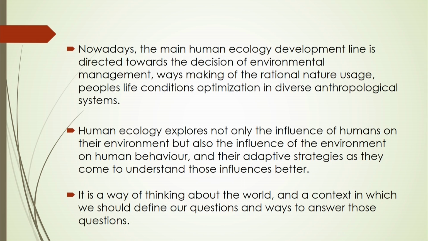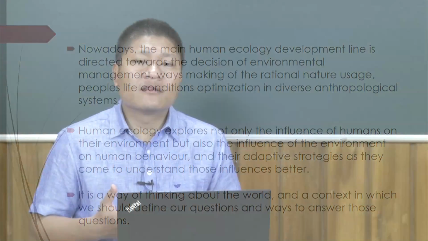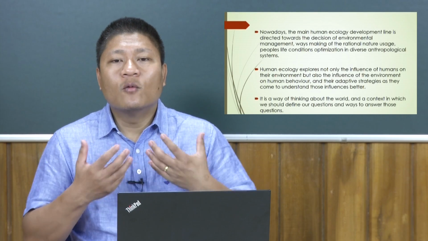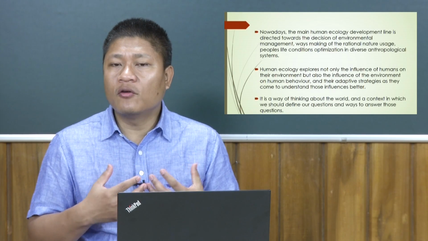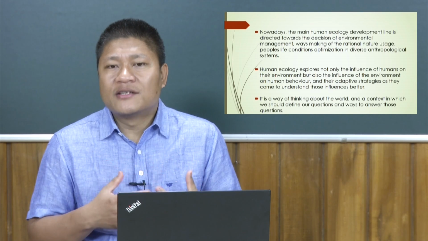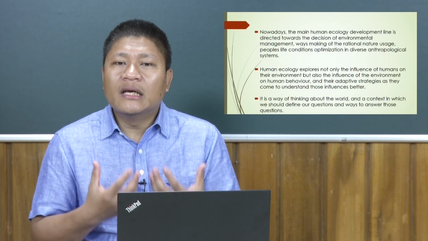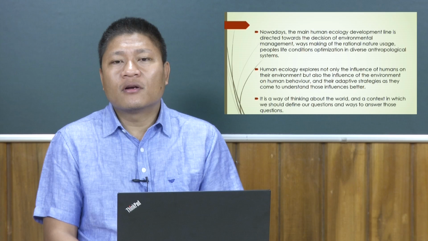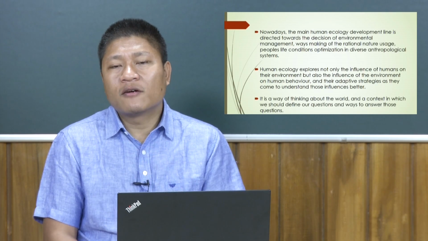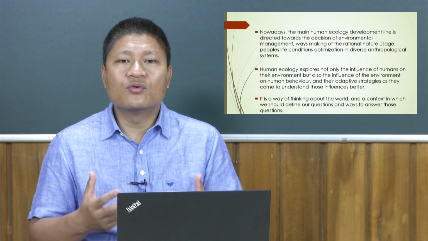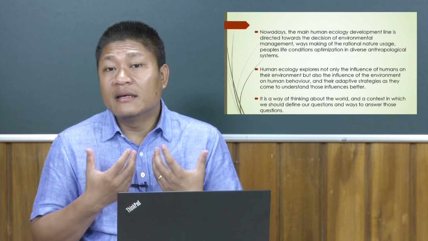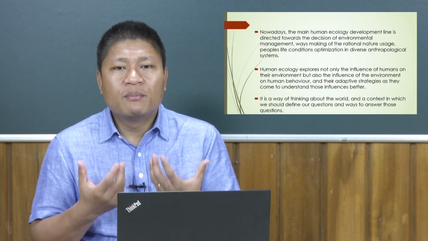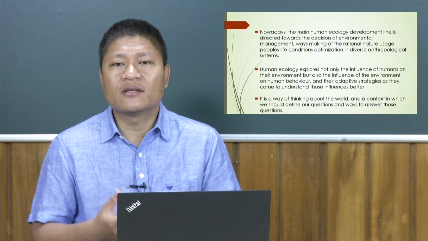So, within this we have to define our questions and ways to answer those questions. Why perhaps this particular community behaves this way, and why is it that they are following this kind of food habits or attire, the dress code. So, it has to be understood in the context. We cannot afford to read out of the context. It has to be read and understood or interpreted in that particular context. Why people behave so, why they perceive so, why they think so.